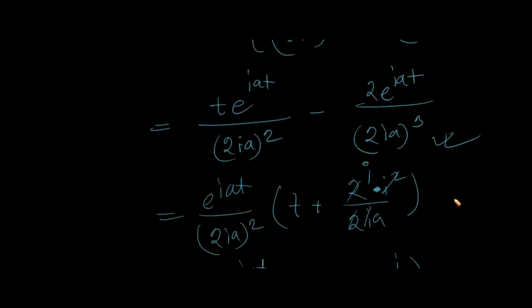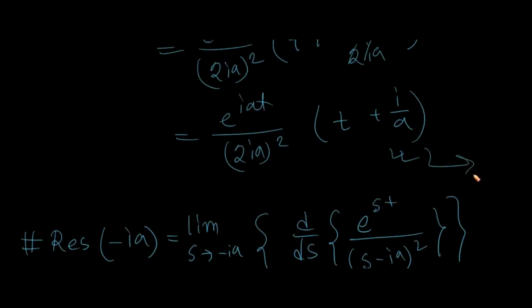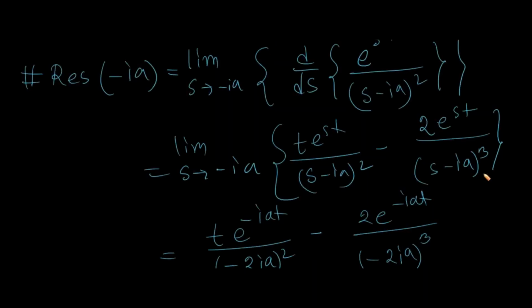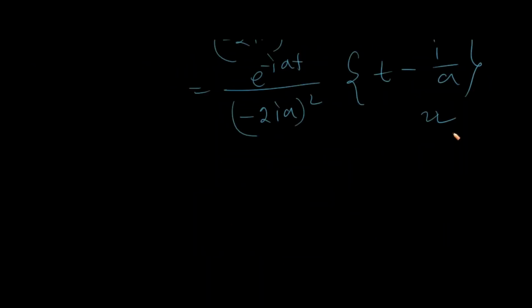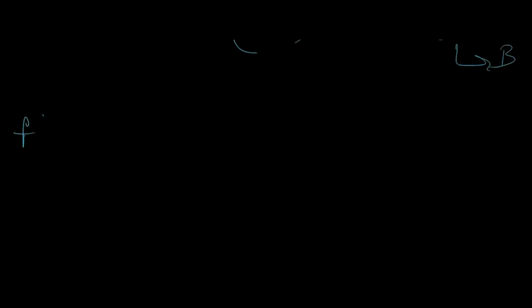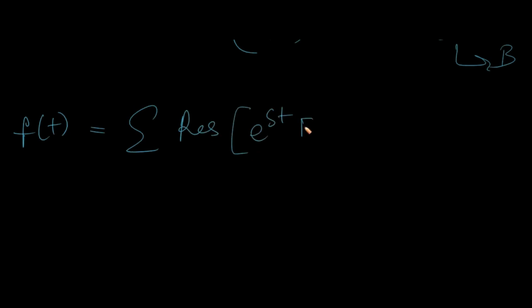So we are done calculating the residues. Let's call this equation A, that's one of the residues, and this is B. Now to find the function f of t, by the theory that we saw in the previous video, this is just the sum over the residues of e to the power st F of s, right?